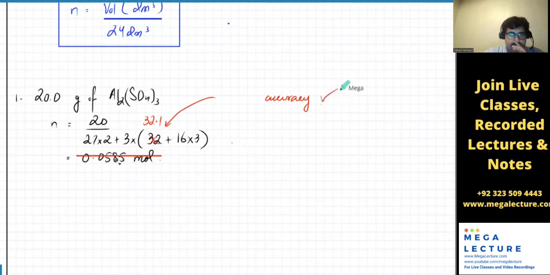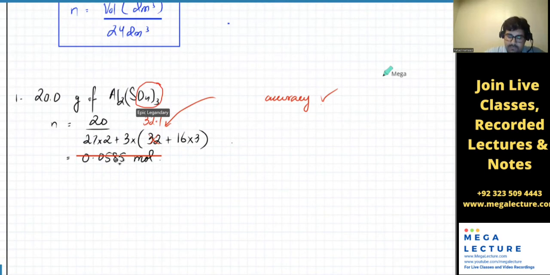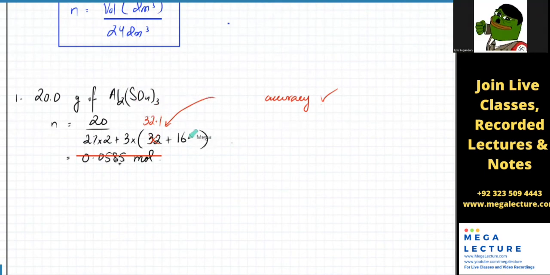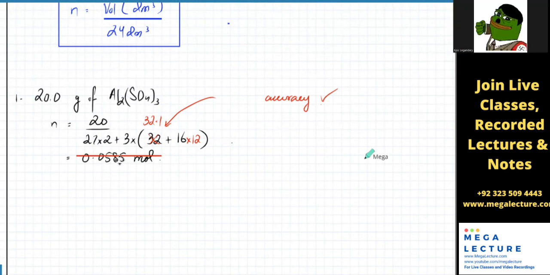Has anyone redone this calculation using 32.1? Sir? Yeah. So I did 16 into 12 here for this one. Sorry, this is 16 into 12, yes. Okay, Saad, your answer was correct. I made the mistake. It is 16 into 12, yeah. Like, it should be like this, right?